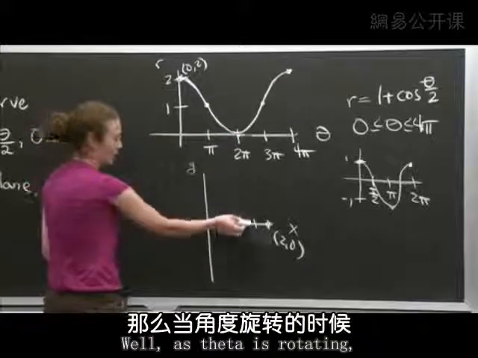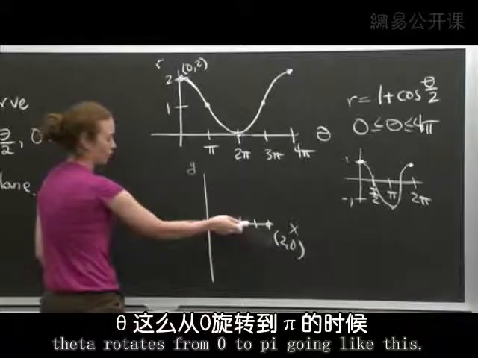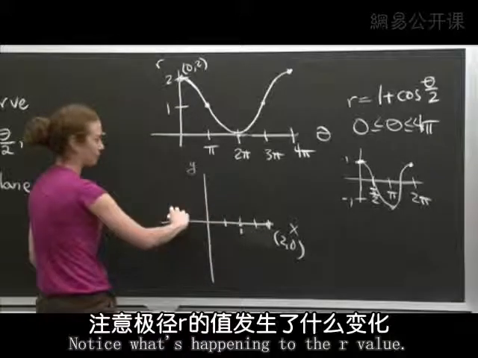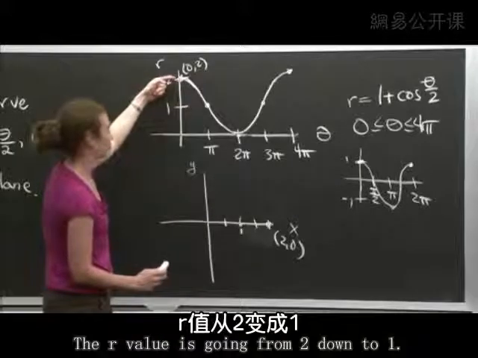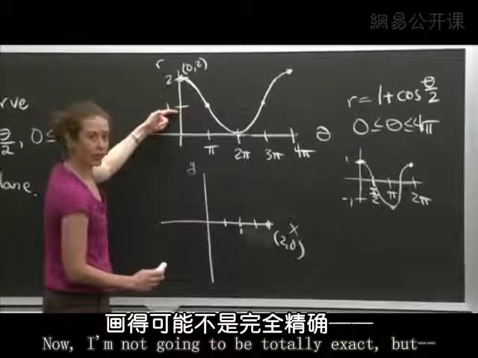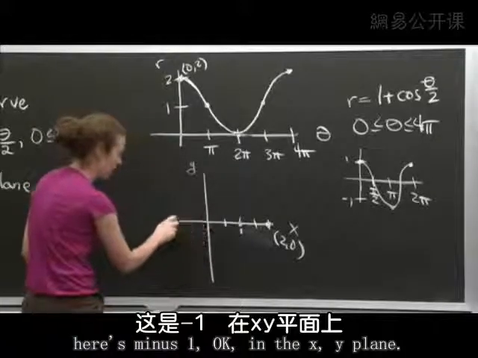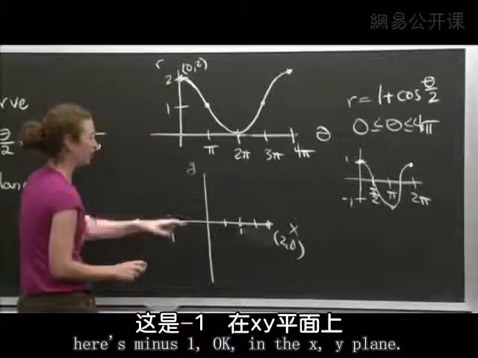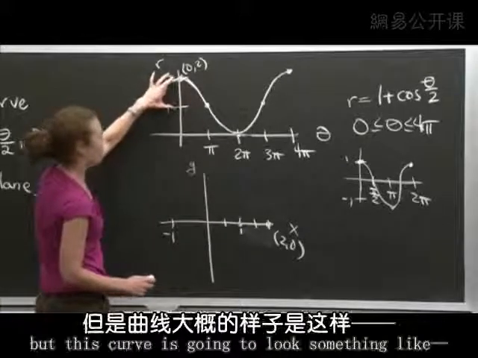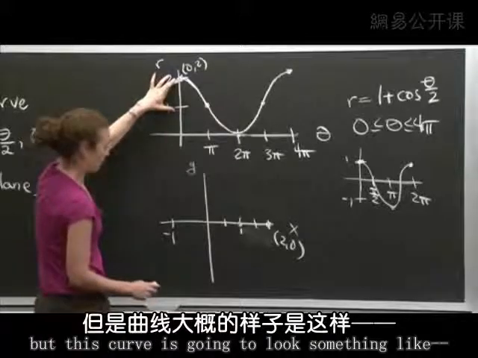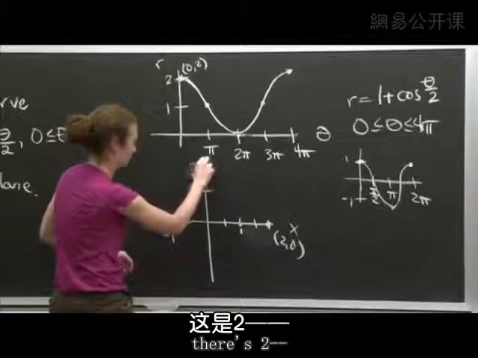As theta is rotating, let's take theta between 0 and pi. Theta rotates from 0 to pi going like this. Notice what's happening to the r value. The r value is going from 2 down to 1. Now I'm not going to be totally exact, but here's minus 1, in the xy plane. This curve is going to look something like, let's say there's 2.